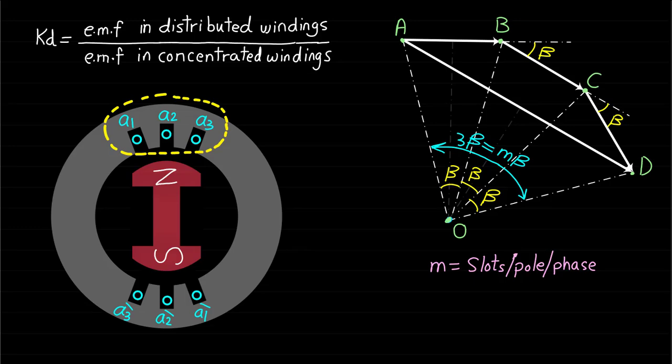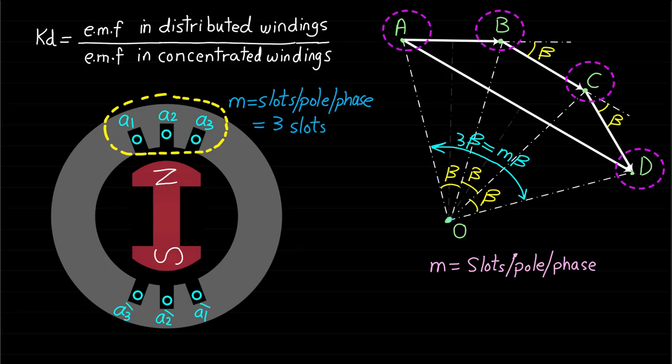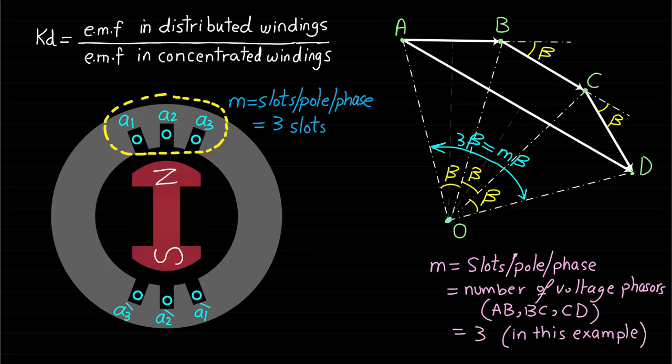Basically, the number of slots per pole per phase M will allow generating M voltage phasors, which in this example equals 3 because we have 3 voltage phasors AB, BC, and CD. That means M will also represent the number of voltage phasors.